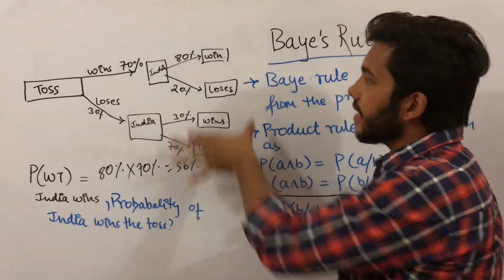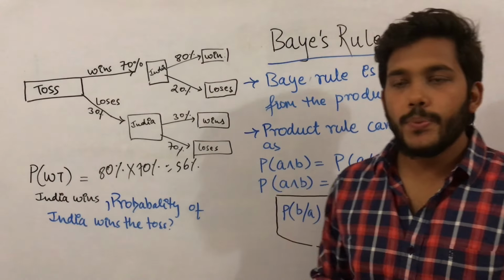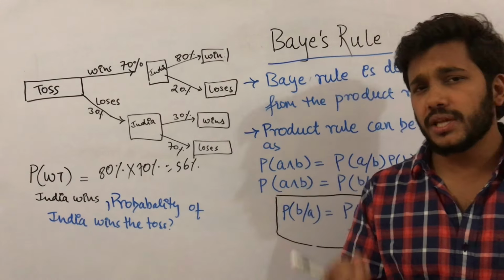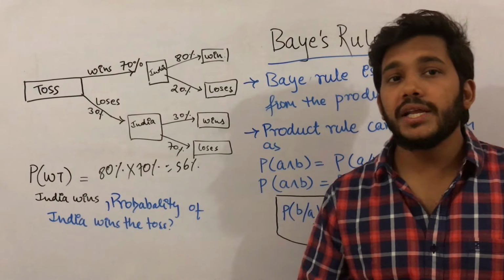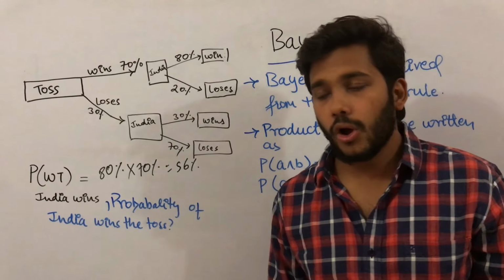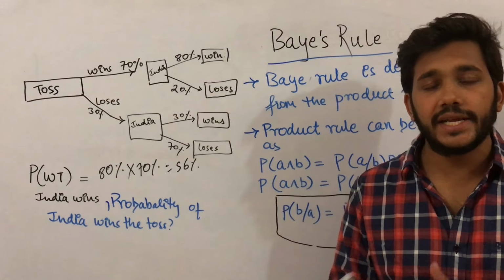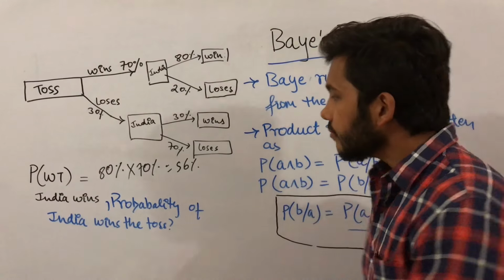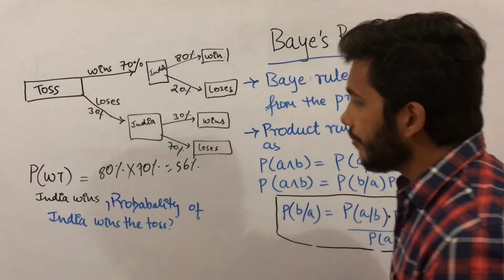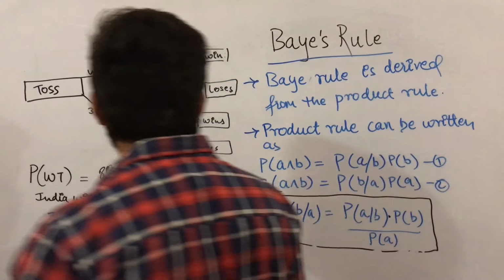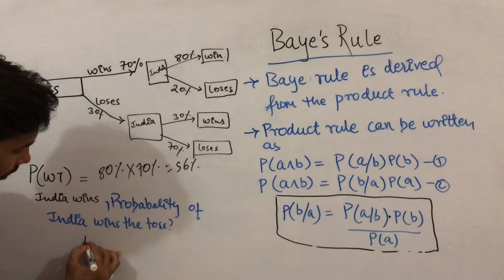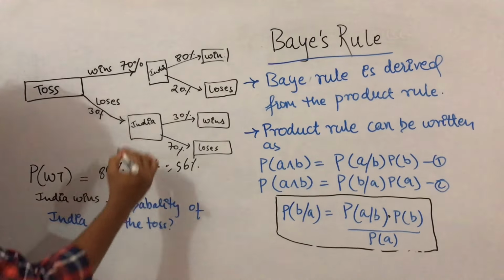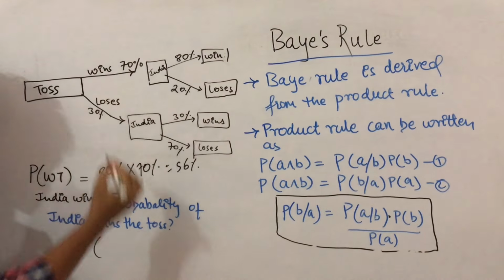But suppose I say India has won the match. Now I have to find the probability that India won the toss. For such a problem I can write the probability that India will win the toss.